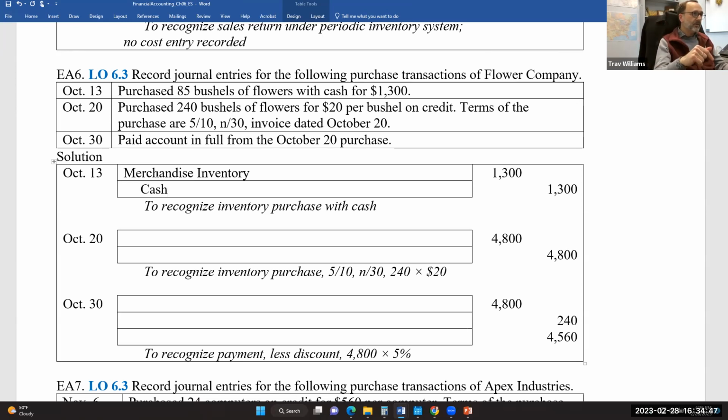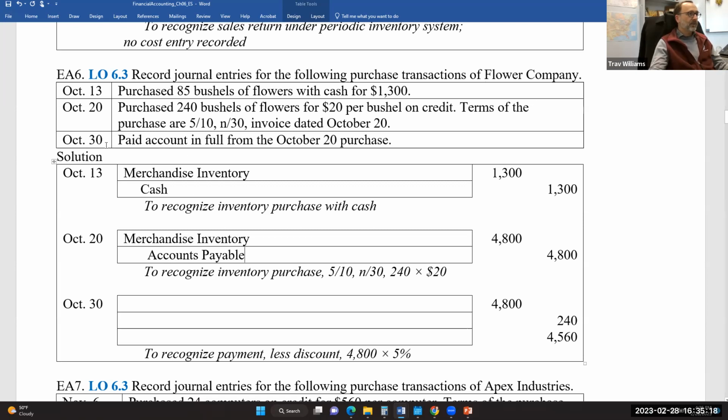In the next transaction, they bought some more inventory. So we'll debit merchandise inventory again. And this time they did not pay. They made a purchase on credit. And we also see what are the terms of the sale. So in this case, we have to credit accounts payable because we're going to pay later, right?